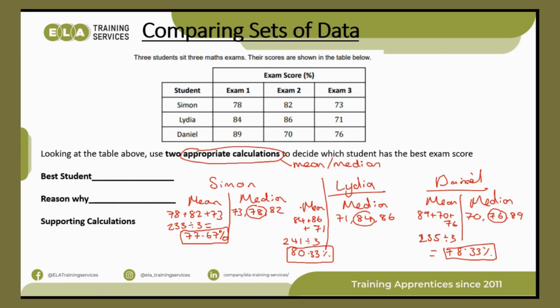So who has the best average scores? Simon's got 78 and 77, Lydia's got 84 and 80, and Daniel's got 76 and 78. So we can say Lydia is the best student, and the reason why is because she's got the highest median and mean scores out of the 3. And that is how we compare data.